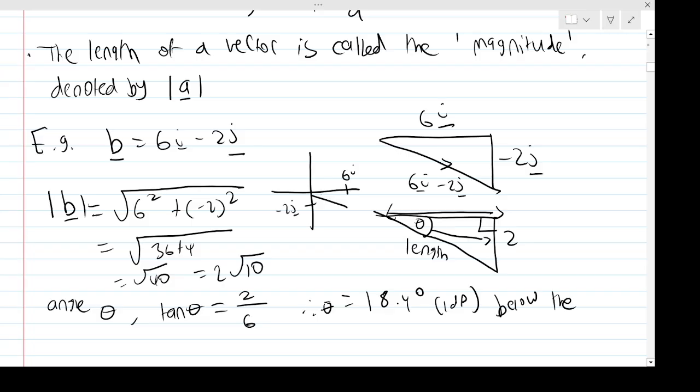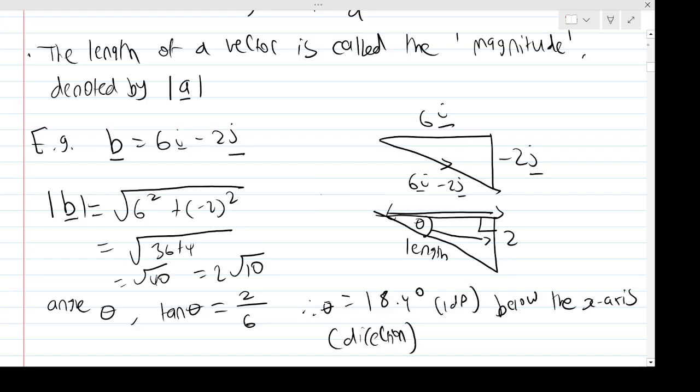So then my vector would be there. The angle there, hopefully you can see, if that's the x-axis, it will be below it, okay? So we're going underneath. So I can specify the angle is below the x-axis, okay? So there we are. Cool. Okay, and so that represents the direction.